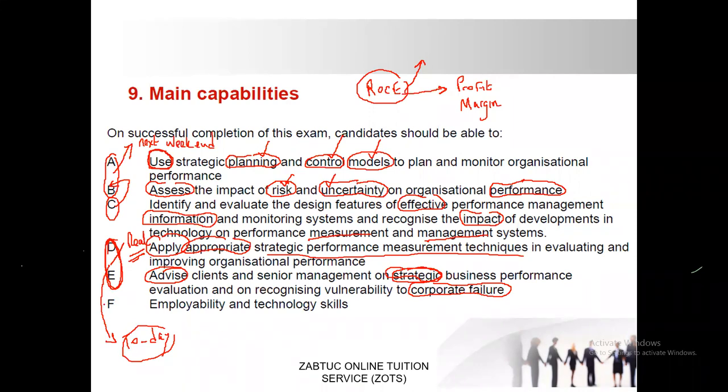F, employability and technology skills. So some may ask, how is this examined? Well, this is examined by asking you to answer the exam using the computer. You get on your computer, open the relevant document, read through the question paper, navigate around it, understand it as quickly as possible, and start responding.